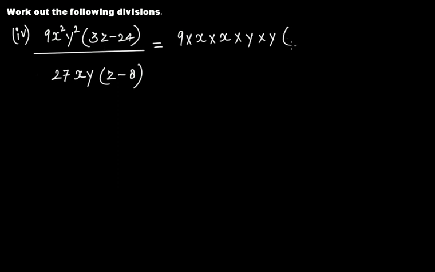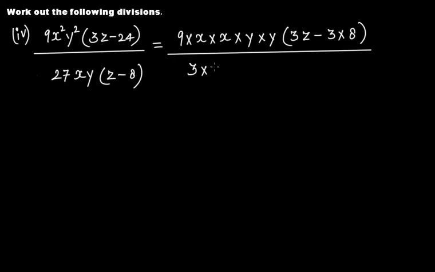And here this can be written as 3z minus 3 multiplied by 8, divided by 27 which can be written as 3 multiplied by 9 multiplied by x multiplied by y multiplied by z minus 8. Now the factor 3 in this term and factor 3 in this term are both the same, therefore you can take it out.